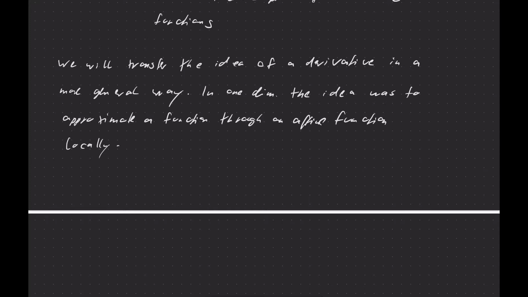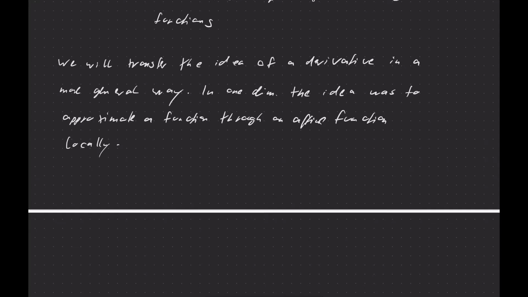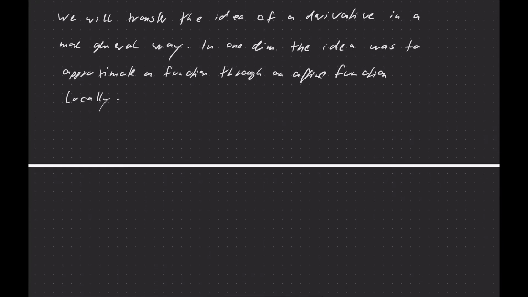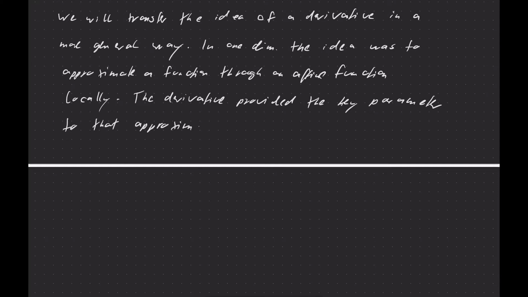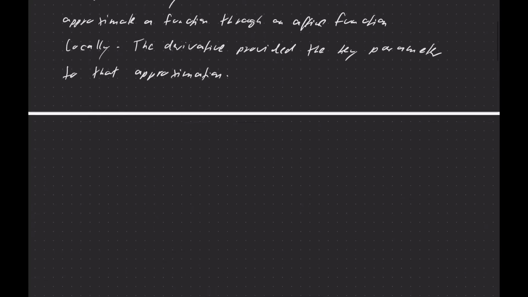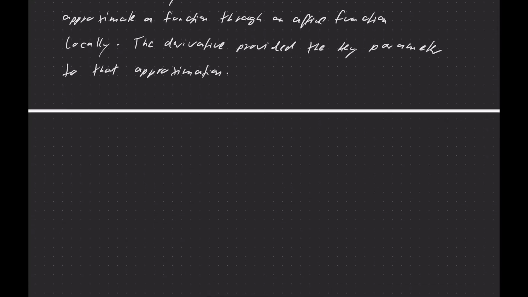And the derivative was an important part of that affine function. It provided the slope. So basically the most important local parameter of that function. The derivative provided the key parameter to that approximation. And that is basically the key idea that we want to transfer to the multivariate setting.